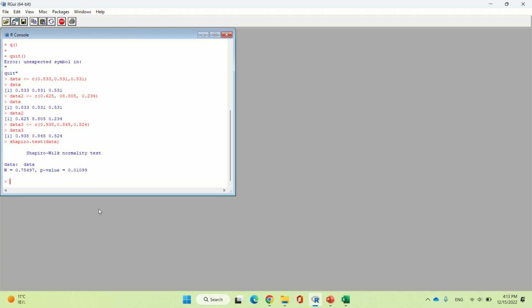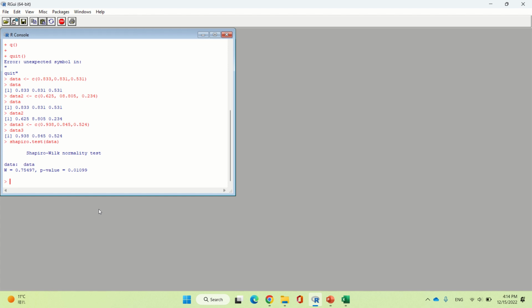So it may not be a normal distribution. Not significant... but it is a significant distance from the normal distribution. This is not a normal distribution.